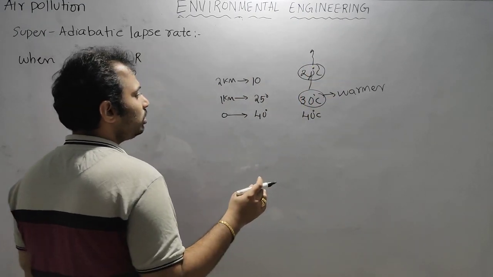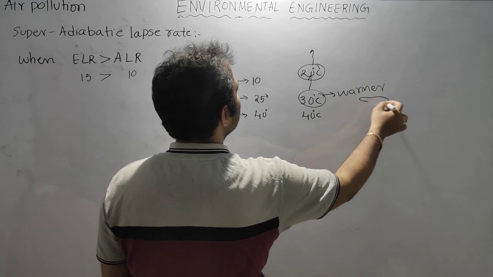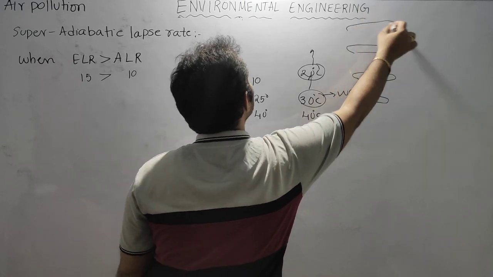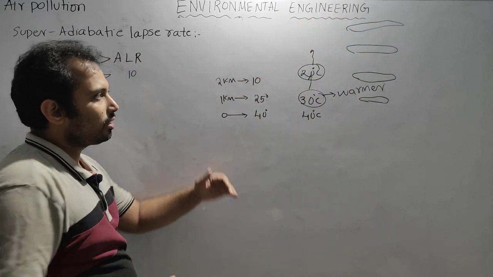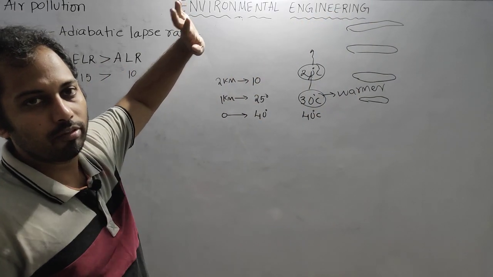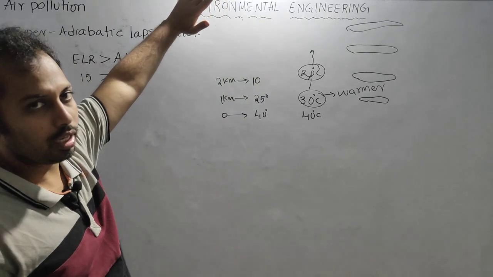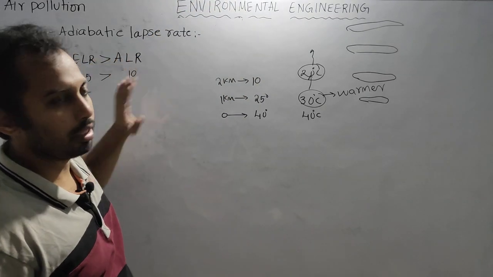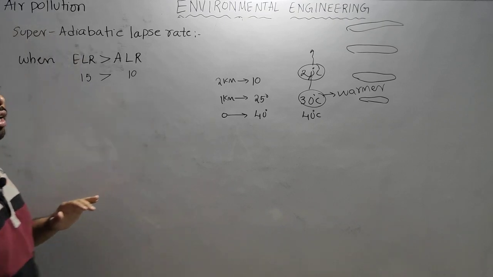So wherever you see the pollution parcel is rising up and rising up, that means the pollution parcel is escaping from the environment. So this is called superadiabatic lapse rate.